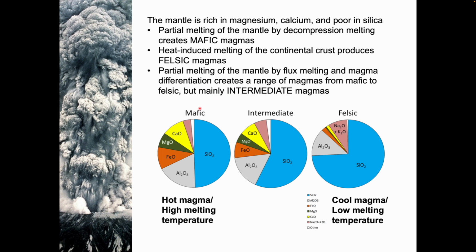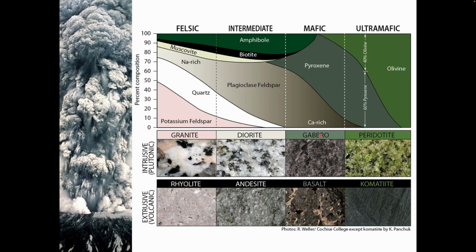So we've discussed hot spots producing mafic magmas, hot spots producing felsic magmas, and now we've discussed subduction zones producing intermediate composition magmas. On the mafic end of our rocks, we have an intrusive version which cools underground and crystallizes slowly over a long period of time. That's called gabbro.